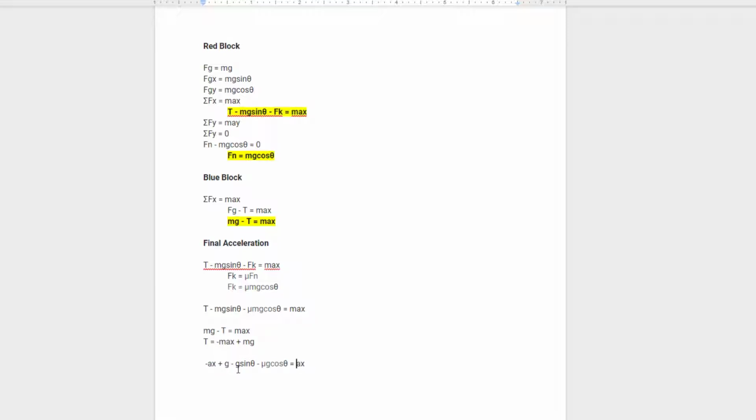But we can start by adding acceleration in the x direction to both sides, which would give us 2ax equals this. And there's a g in each one of these, so we can factor out a g.